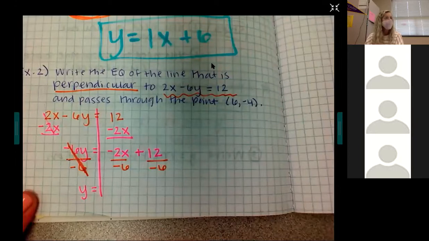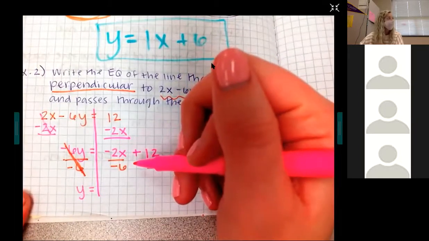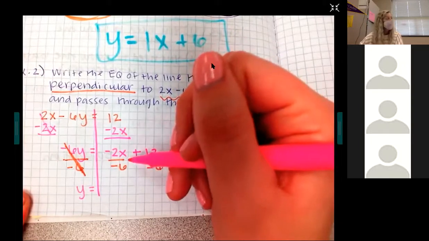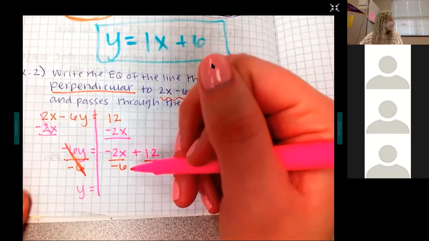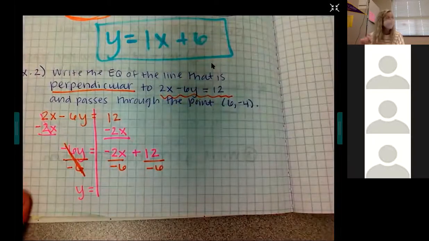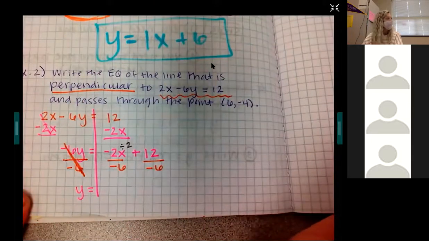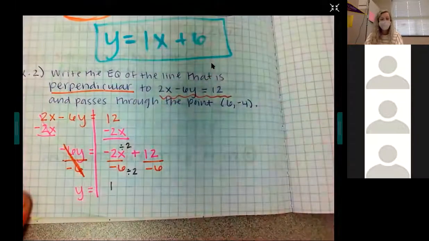Now, this is where y'all will mess up, and I do not want you to mess up. So really pay attention. 2/6. 6 does not go into 2 because it's bigger. But is there a number that'll go into both 2 and 6 so we can simplify? What number? 2. Good. What happens if you do 2 divided by 2? You get 1. What happens if you do 6 divided by 2?